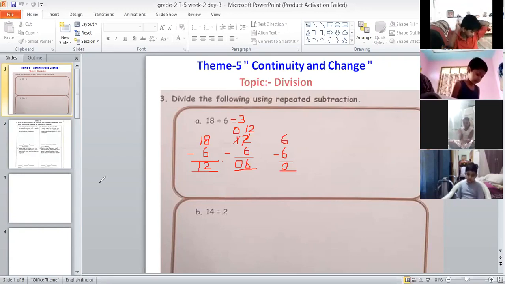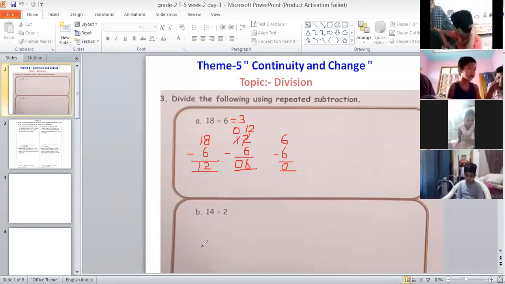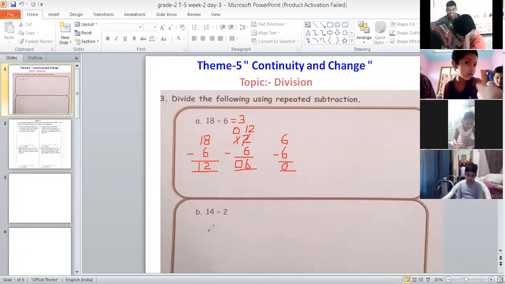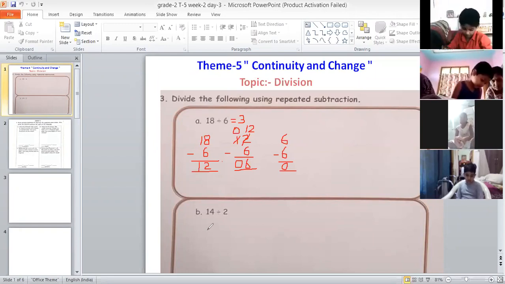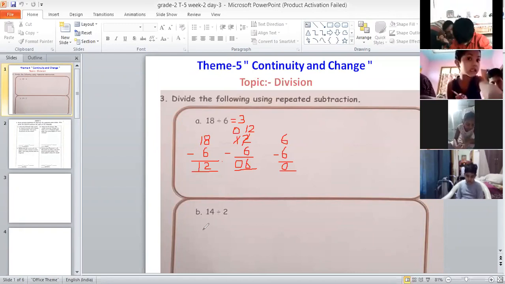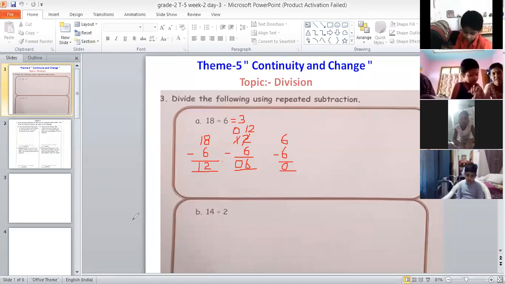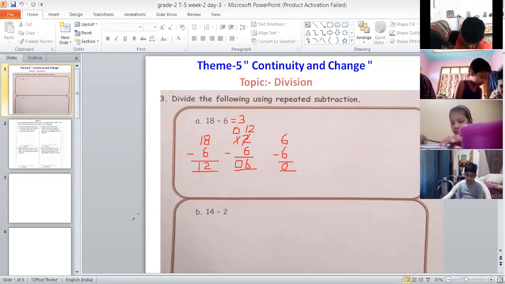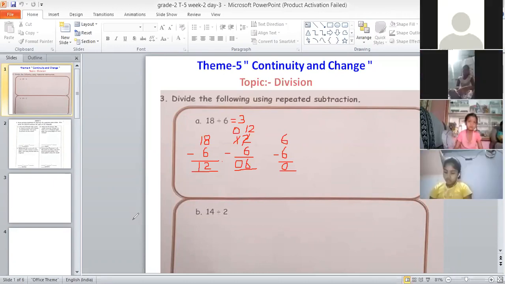Okay. Now Nitya Sri, please read second question. 14. 14 minus No, that's division symbol. 14 divided by what is the number? Ma'am 14 divided by 2. Yes, so that is 14 divided by 2.